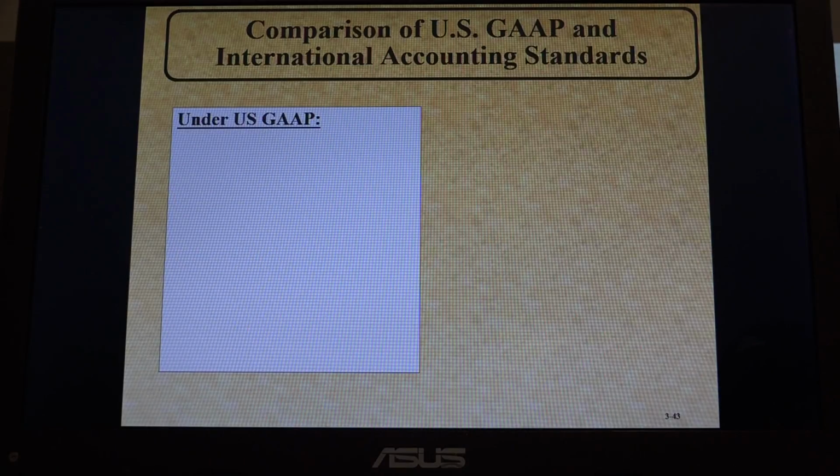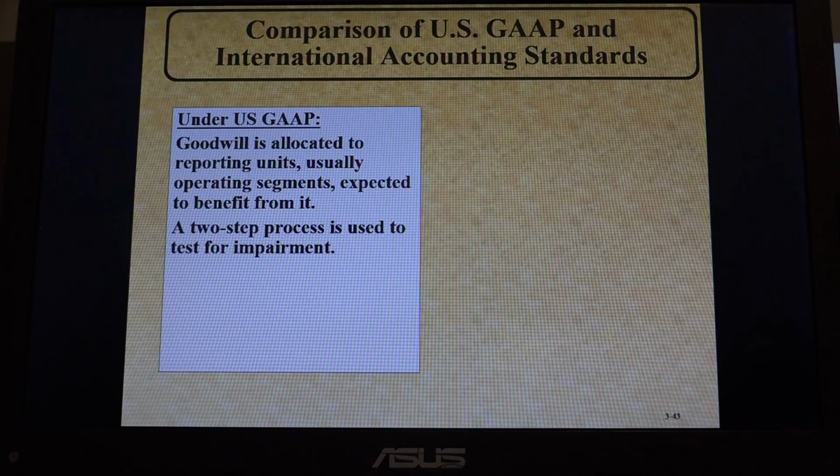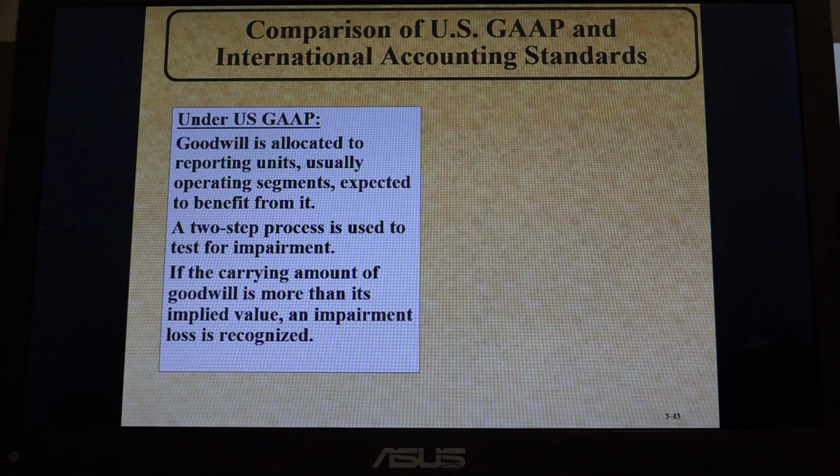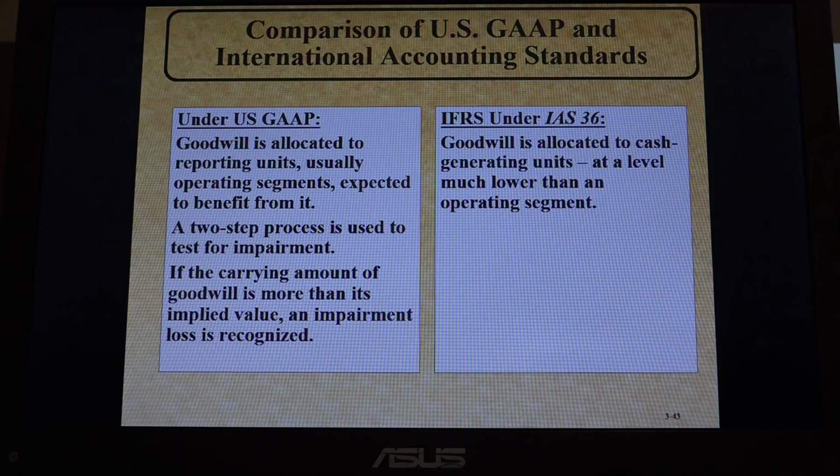Note that GAAP and IFRS are pretty close, except they have a one-step process. A little bit different, but not much different.